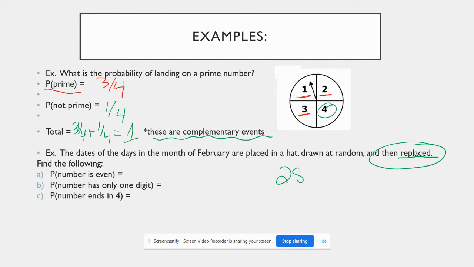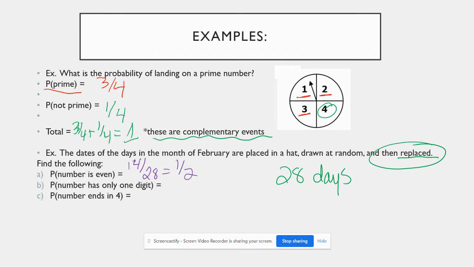Remember, there are 28 days in February, and half of those would have to be even. So 14 out of 28, which is 1/2. Remember, we always want our fractions to be in simplest form. So 14 out of 28 gets us started, but 1/2 is the answer that we're going to give.